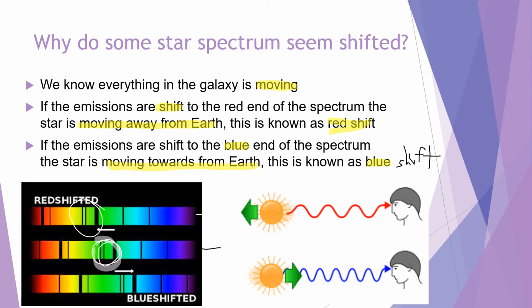Okay, so they've shifted towards the red end of the spectrum. That tells you that that star is moving away from Earth. Whereas if we come and look down here, those absorption lines have shifted to the right with the blue end of the spectrum, which tells you that that star is moving towards the Earth, which is known as blue shift.